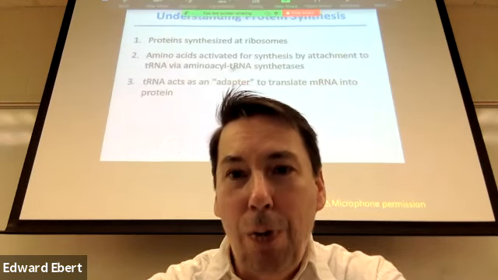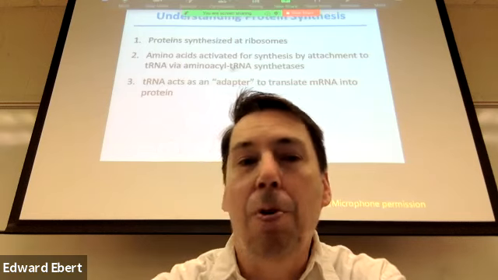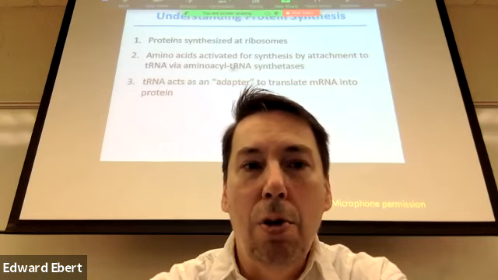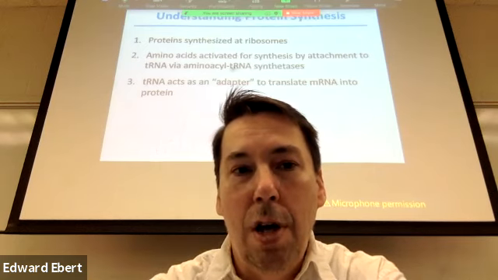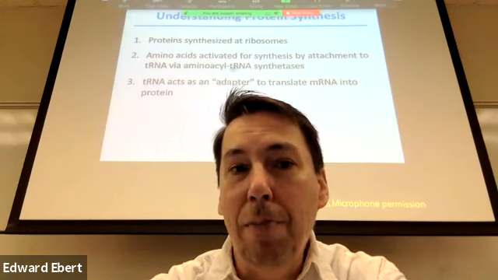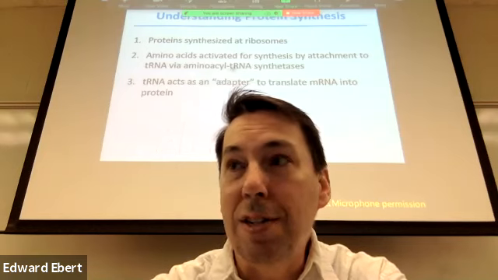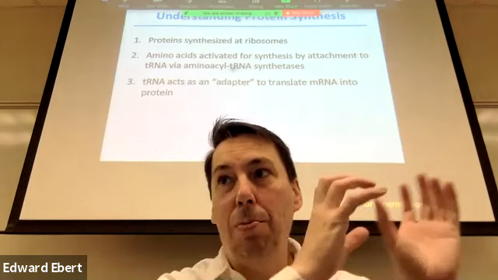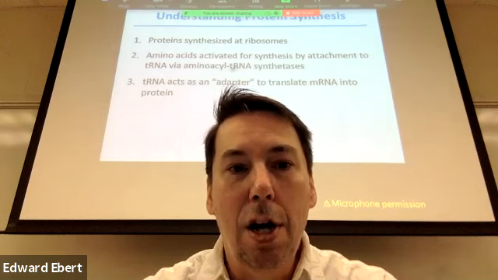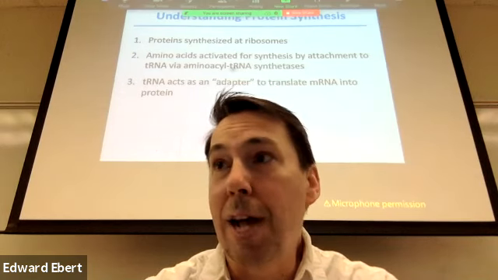So if we look at how we first started to understand protein synthesis, we figured out initially that proteins are synthesized on the ribosomes, that amino acids are activated by attachment to tRNAs. So we have this aminoacyl tRNA synthetase, which will take our tRNA and match it up with its appropriate amino acid. And then the tRNA itself acts as an adapter.